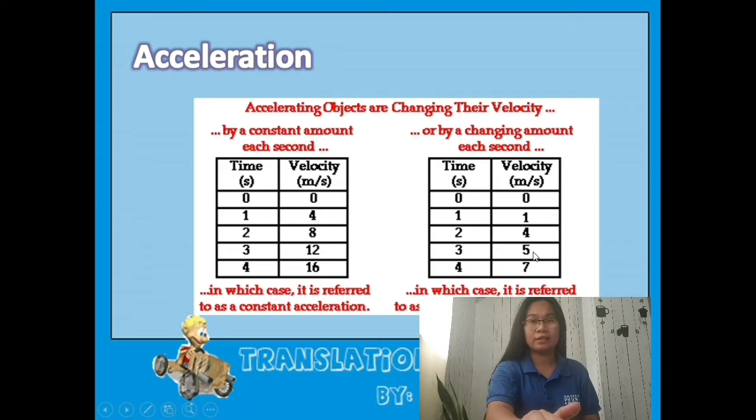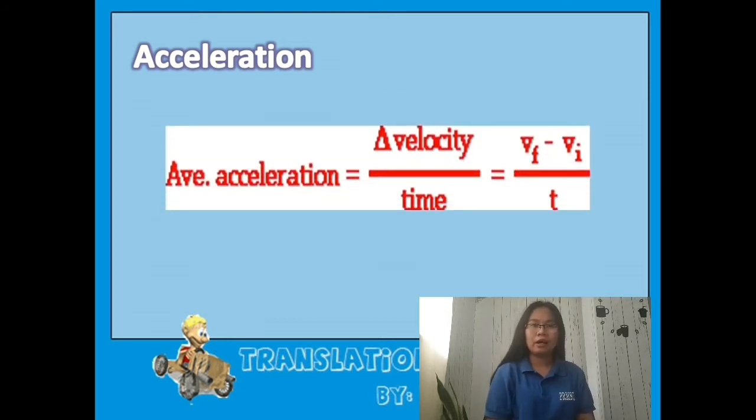After 2 seconds, it became 4 meters per second. And then after 3 seconds, it became 5 meters per second. So here you added 3, and then you added 1 here. So that is non-constant acceleration. Now in our subject, we will be dealing with objects which are moving at a uniform acceleration or at a constant acceleration.